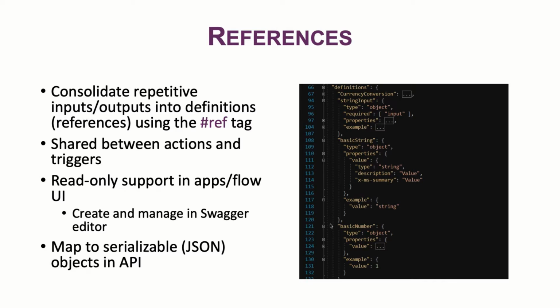So references are an abstraction that allows you to reuse a component in your spec. In the UI, you'll see a node for it. It's grayed out. You can't build them in the UI, but they are fully supported in implementation. So you can build them in your JSON.